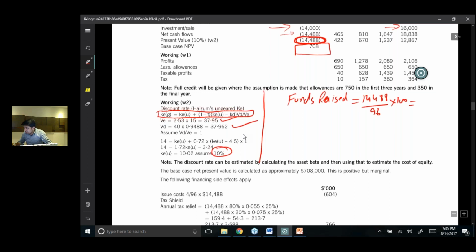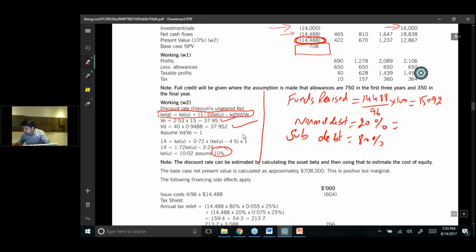That is equal to 15,092. Normal debt is 20% and subsidized debt is 80%.